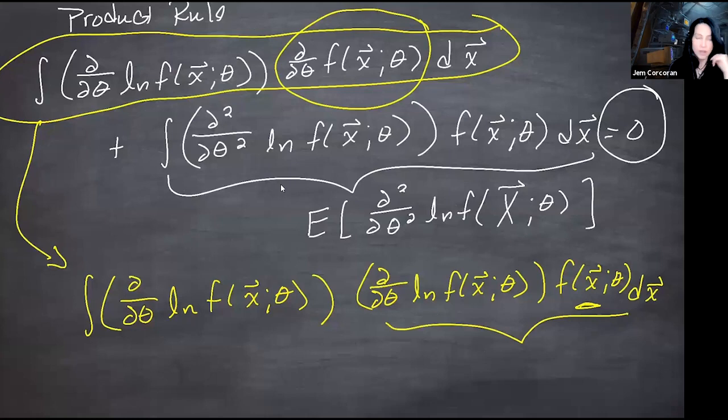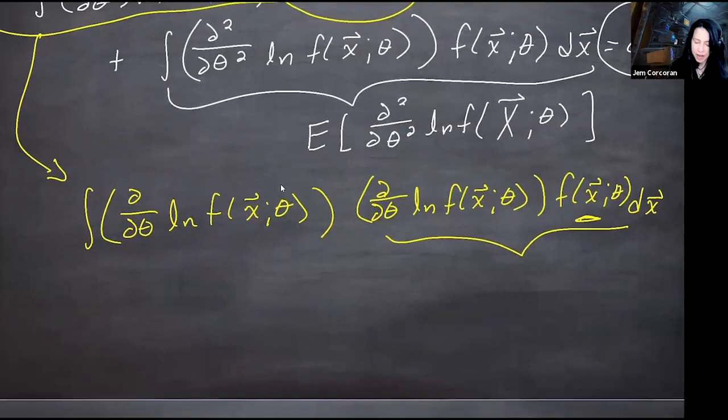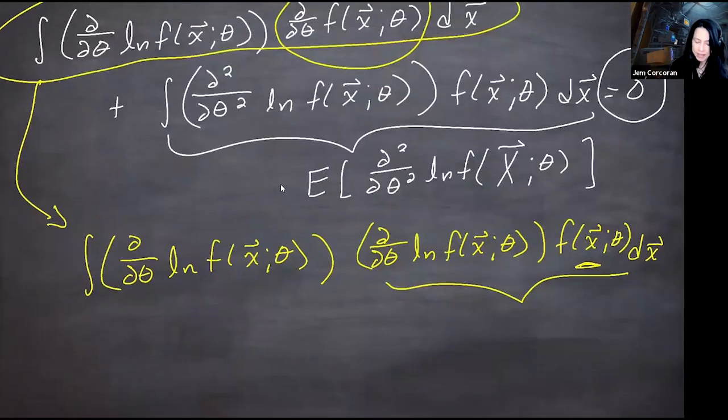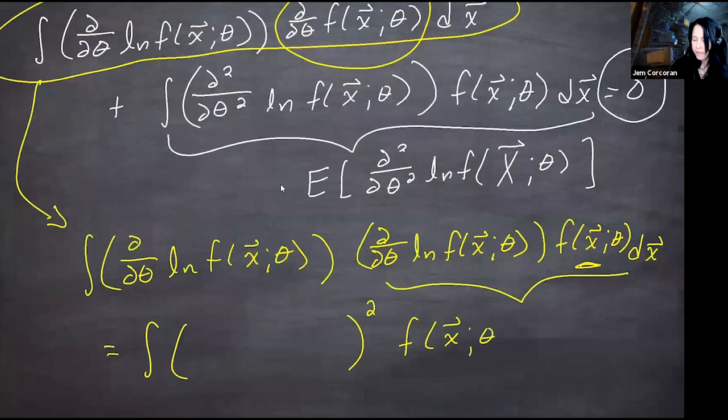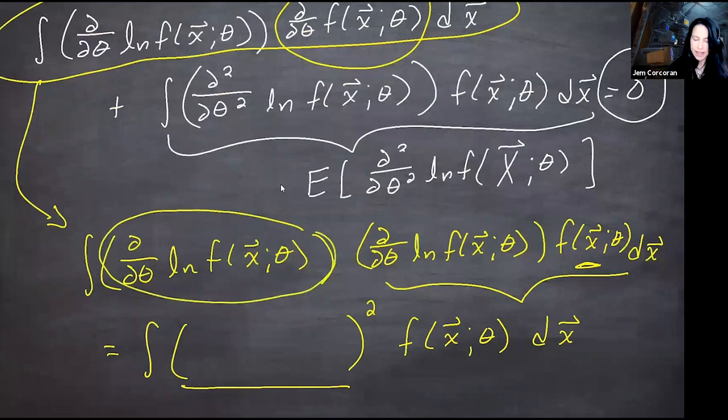Now I've got two of the same expressions, the derivative of the log. So this is one of those derivatives squared times the joint PDF. And that is an expectation. That is going to be the expected value of whatever is here, which is this thing squared.